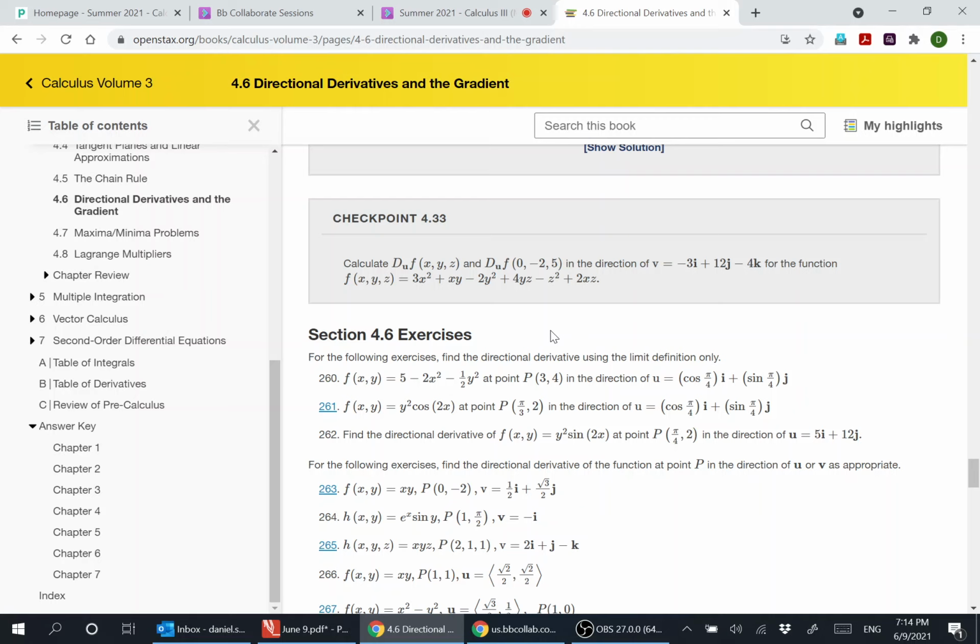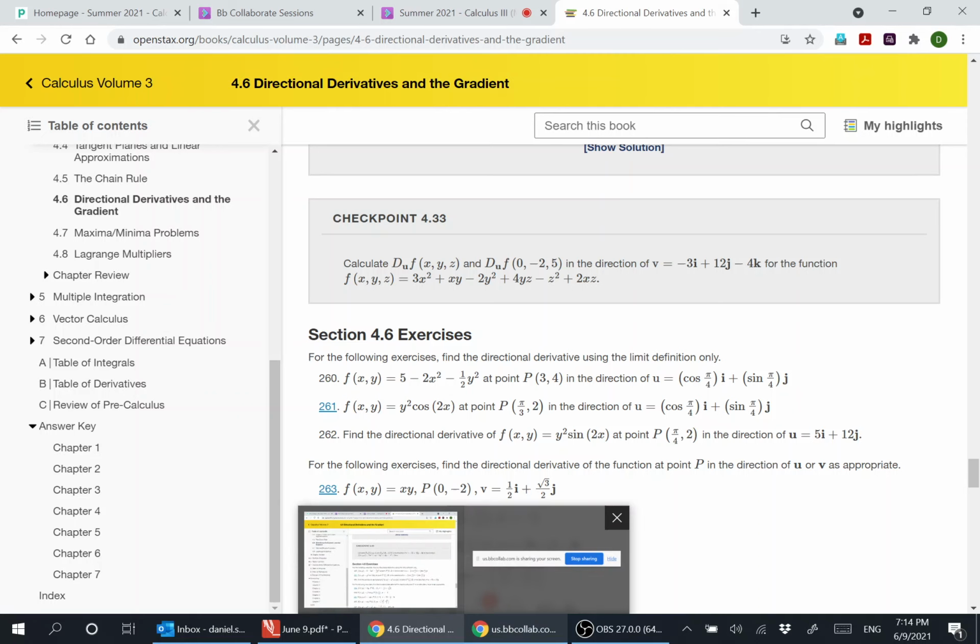Alright, so find the directional derivative for this function, f(x,y) equals y squared sine 2x, at the point pi over 4 comma 2, in the direction of 5i plus 12j.